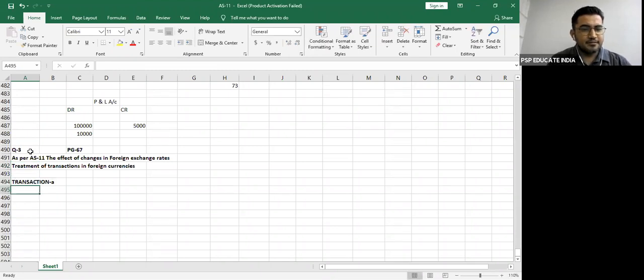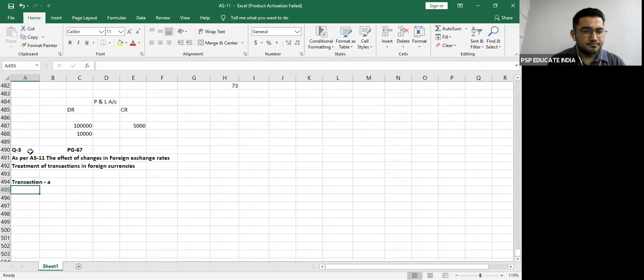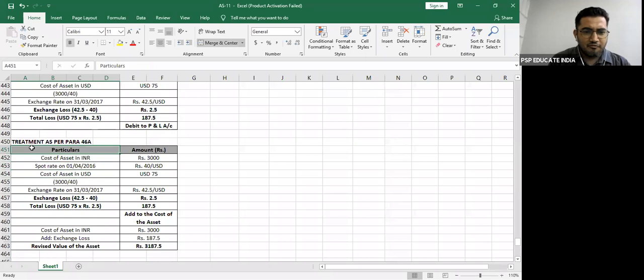Transaction A. Let's prepare a systematic format.